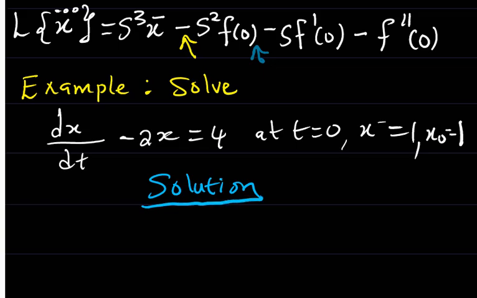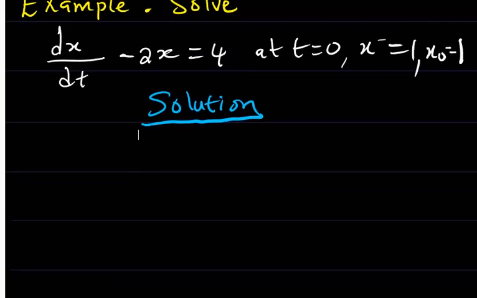The very first step, we have to convert this into the Laplace transform. So this is dx/dt, which can be written as x dot minus 2x equal to 4. Let's convert this.